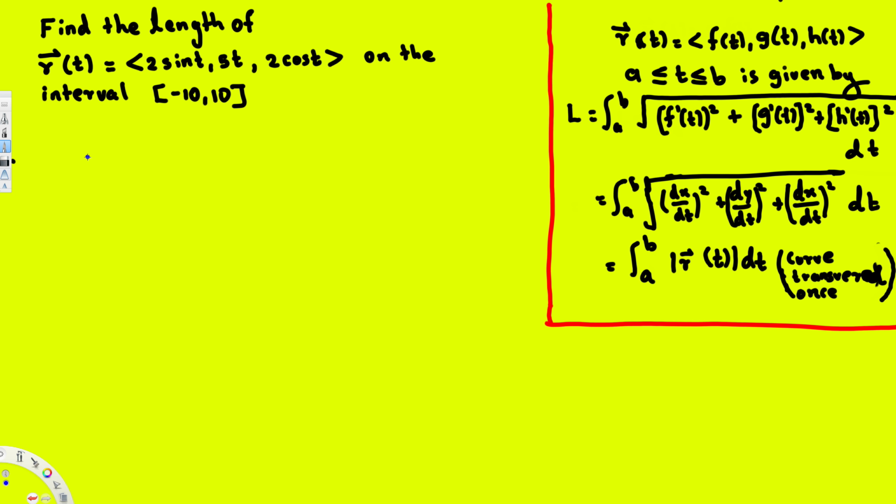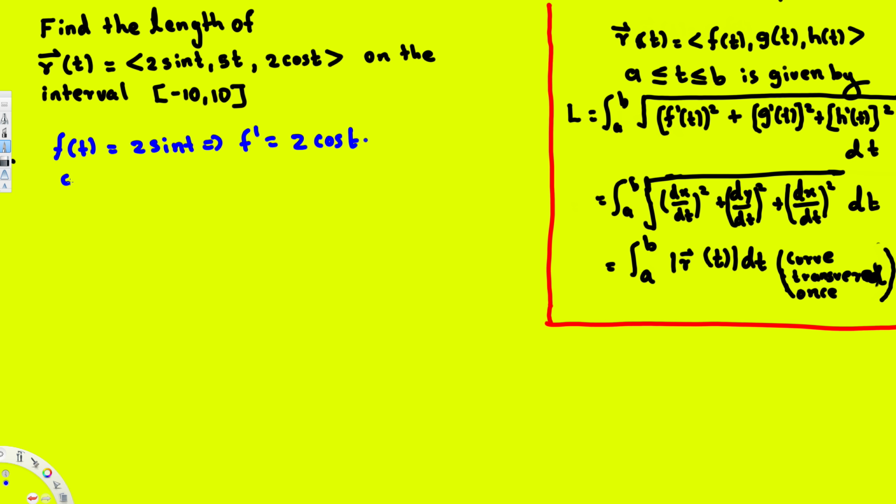Now let's say f of t. So we are taking f of t, g of t, h of t. So f of t is this, that is 2 sine t, right? And therefore f prime is going to be... actually we are finding the derivative. The derivative of sine t is cos t, so this is going to be 2 cos t.